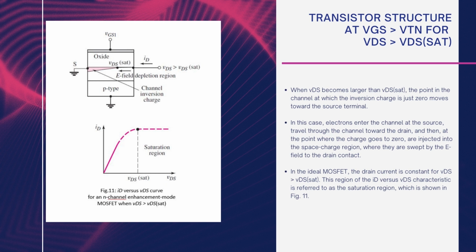This region of the ID versus VD characteristics is referred to as the saturation region, which is shown in figure 11. So, here we can see the channel pinch off has occurred and the device has moved towards the saturation region when the drain voltage is greater than the saturation value.